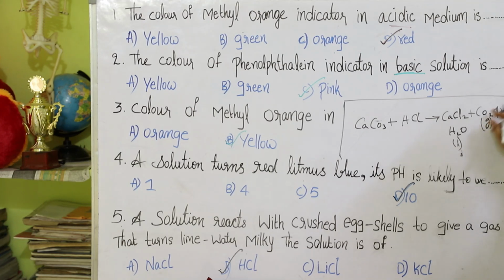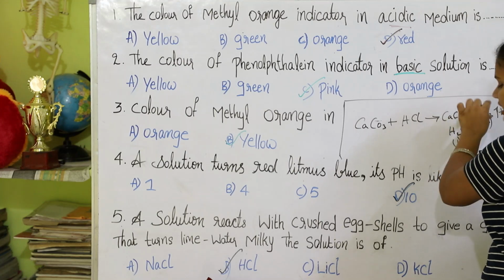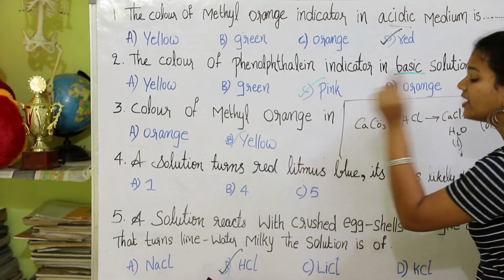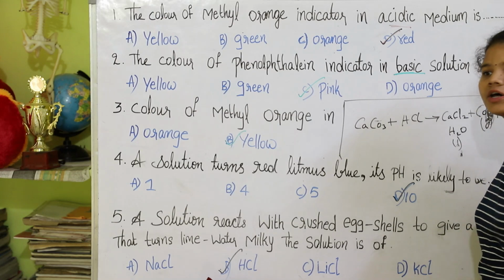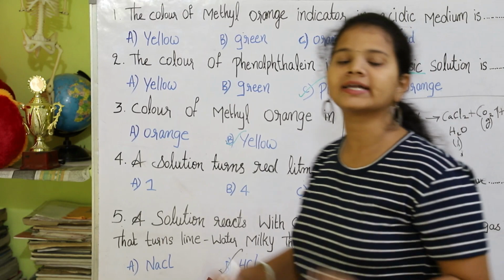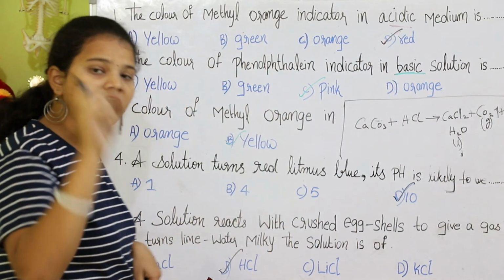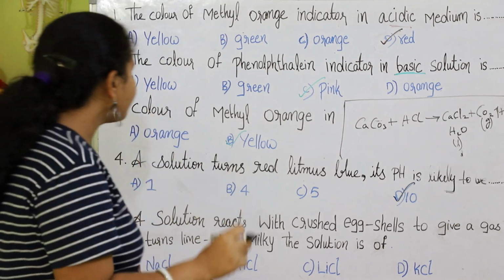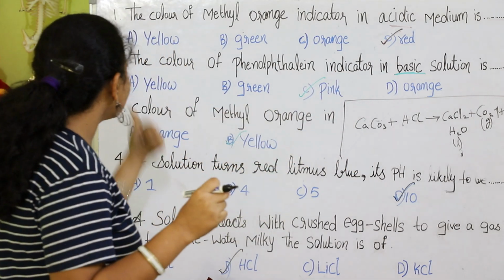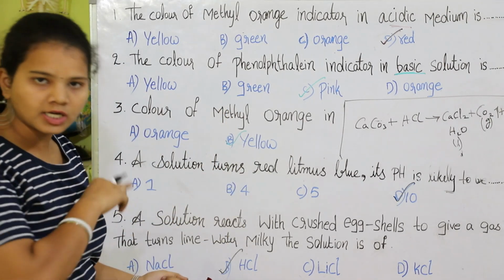Okay, now here CaCl2 plus CO2 plus H2O. This CO2 is very important here. When this CO2 is mixed with lime water, the lime water turns milky. Whenever CO2 is mixed with lime water, the solution turns completely milky.